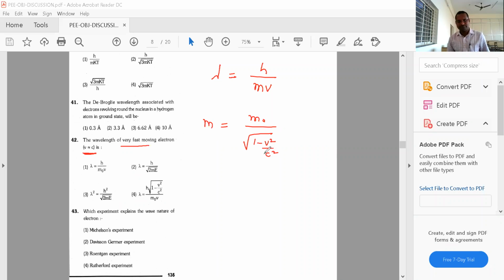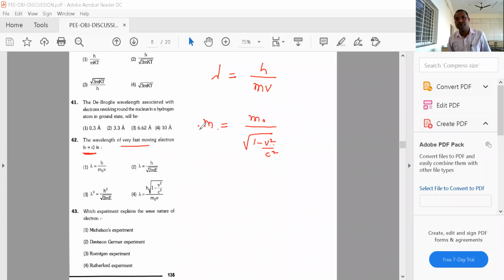This is how mass changes with respect to velocity. If velocity is almost equal to the velocity of light, v and c are equal, so 1 minus 1 is 0, and anything divided by 0 means infinity, so the mass will become infinite. If you move at nearly the velocity of light, 3 into 10 to the power of 8 meter per second, you will feel you are having infinite weight.